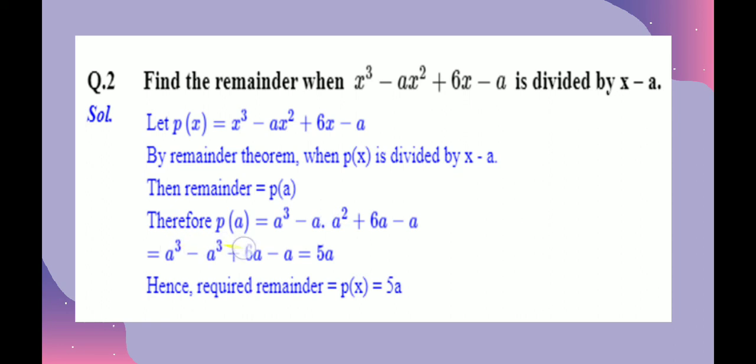Therefore, p of a is equal to a cube minus a multiply a square plus 6a minus a, which is equal to a cube minus a cube plus 6a minus a, and if we solve this, we'll get 5a. Hence, the required remainder is equal to 5a.